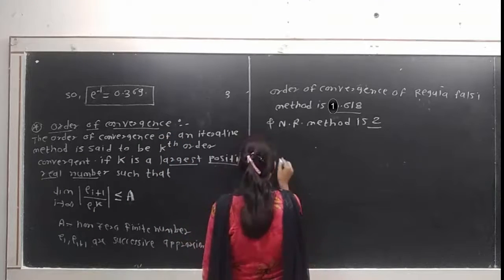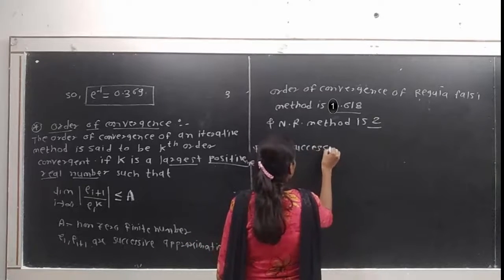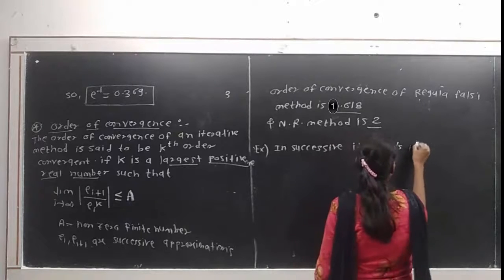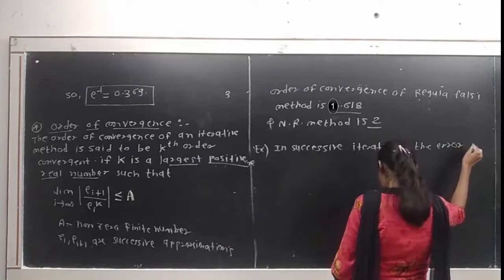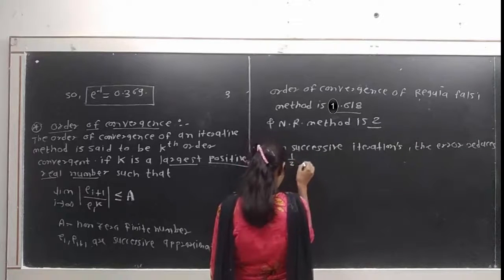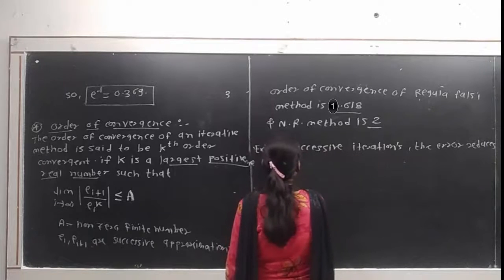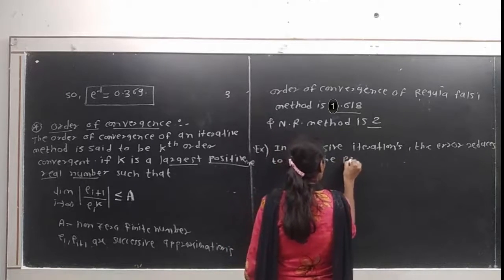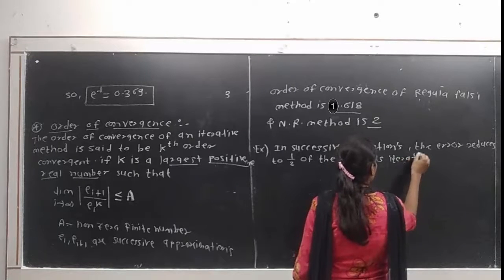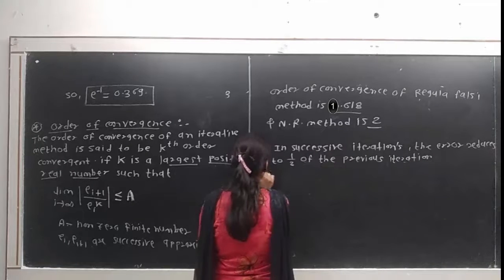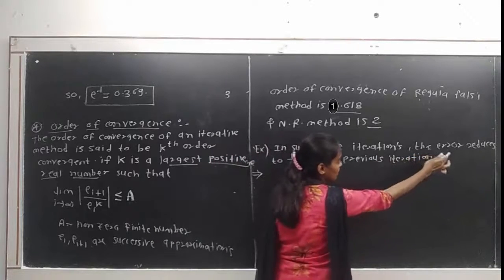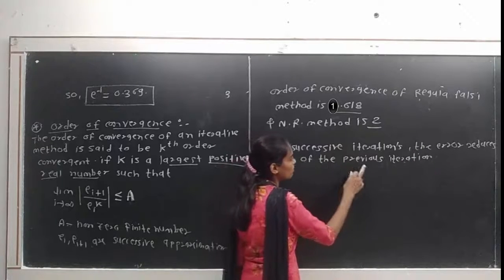We see the example: in successive iterations, the error reduces to 1 by 2 of the previous iteration.